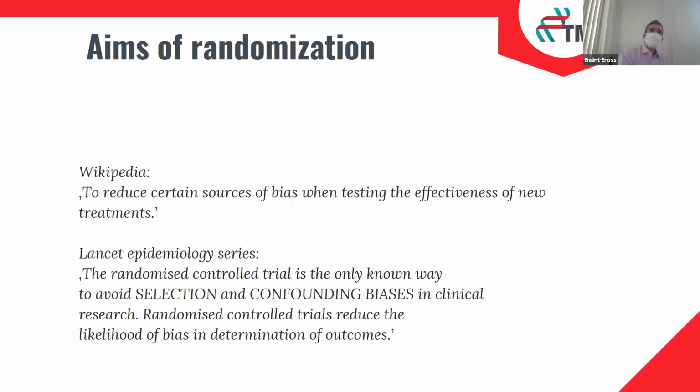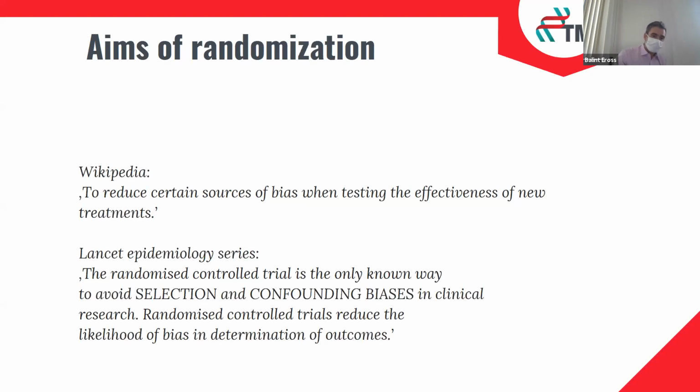The second message I would like you to take home today, apart from the fact that RCT can only explore causality, is that randomization is a tool in your hands to prevent selection bias, because it's not man selecting the intervention and the control, it's chance selecting the individuals for that.